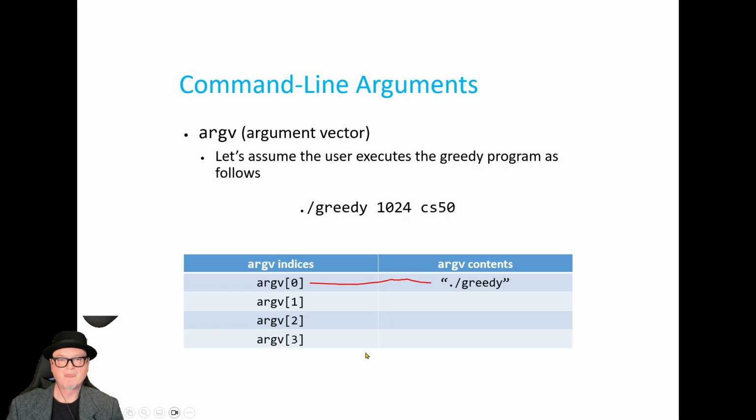So the way that we do this is, if we were looking at the contents of argv, the index argv[0] for this particular command here would be greedy, and if we looked at argv[1], it would be 1024, the second, and if we looked at argv[2], it would be the third, CS50.